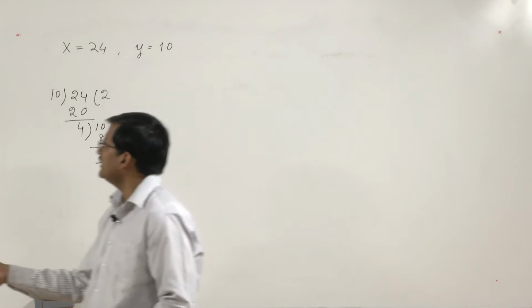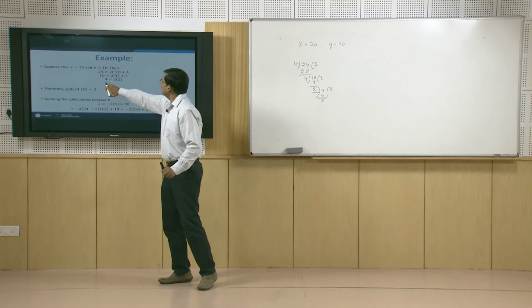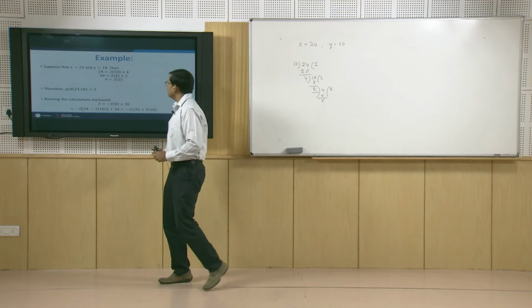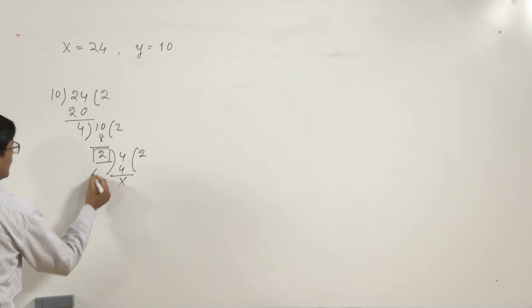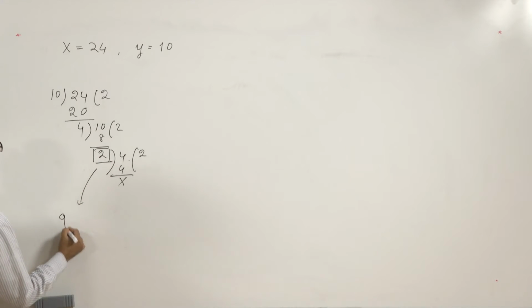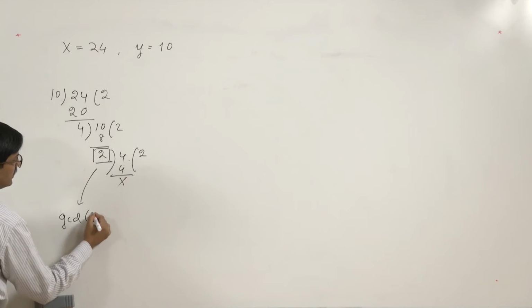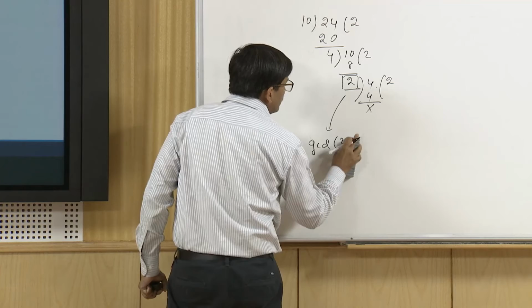So I come to this step, 2 divides 4, and we know that 2 is the greatest common divisor of 24 and 10.